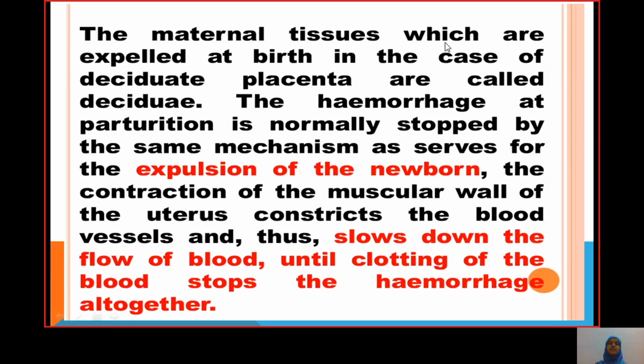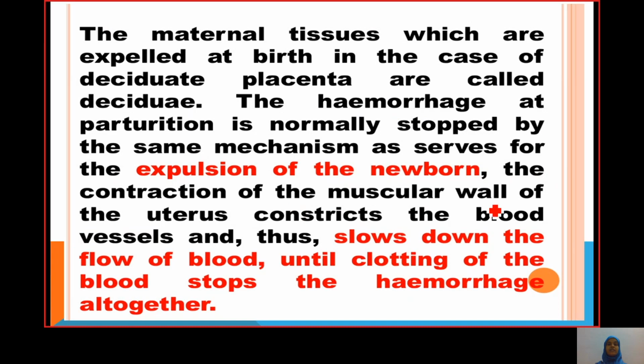The maternal tissues that are expelled at birth in the case of a deciduate placenta are called decidua. The maternal tissue that comes outside is called decidua. The hemorrhage at parturition is normally stopped by the same mechanism that serves for the expulsion of the newborn.